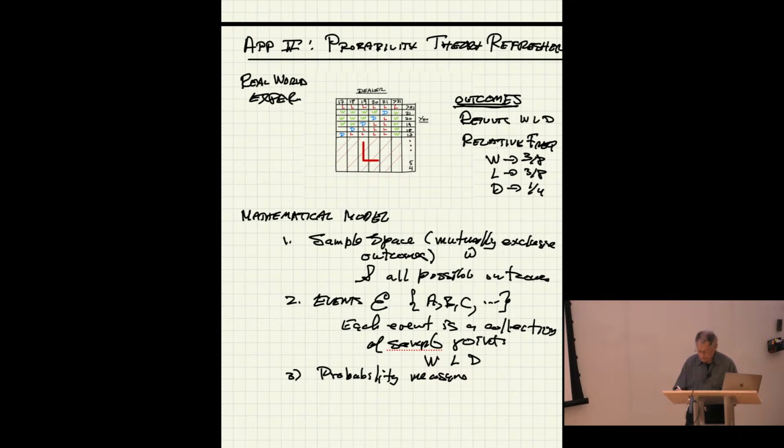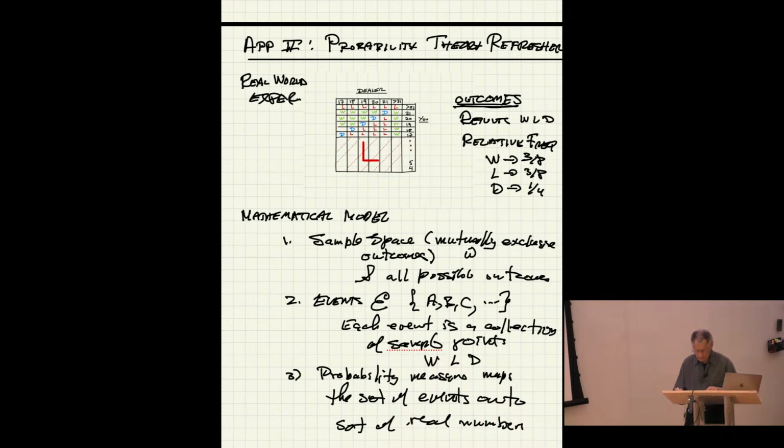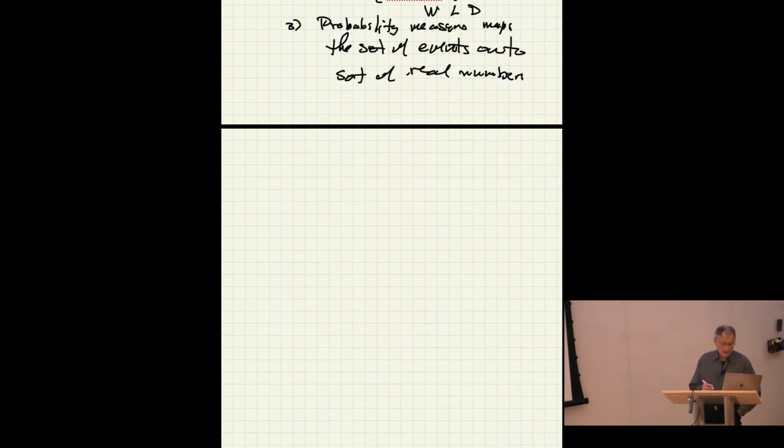And basically, it maps the set of events, item number 2, onto the set of real numbers. For example, for the event A, we use the symbol P of capital A, and that's the real number assigned to the event A.